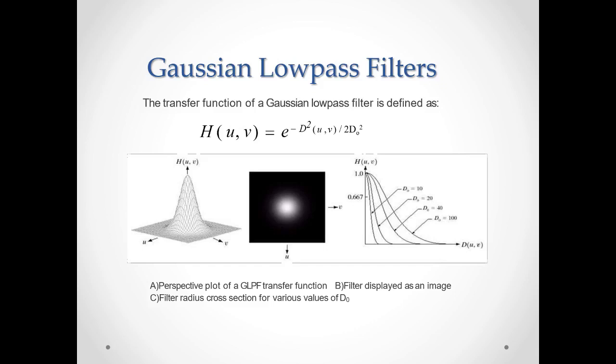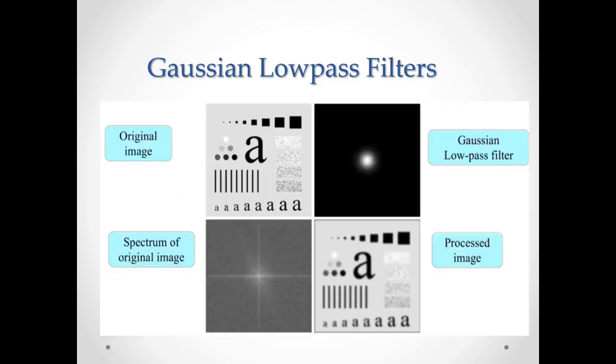The next types of filters are the Gaussian low pass filter and Gaussian high pass filter. The transfer function can be given as h of u comma v is equal to exponential to the power of minus d square of u comma v divided by 2 d naught square. For the high pass filter, we can define it as h of u comma v is equal to 1 minus exponential to the power of minus d square of u comma v divided by 2 d naught square.